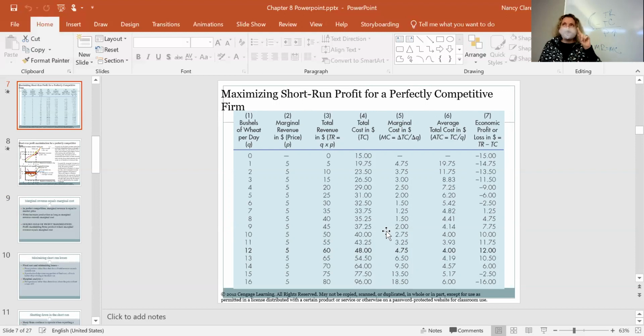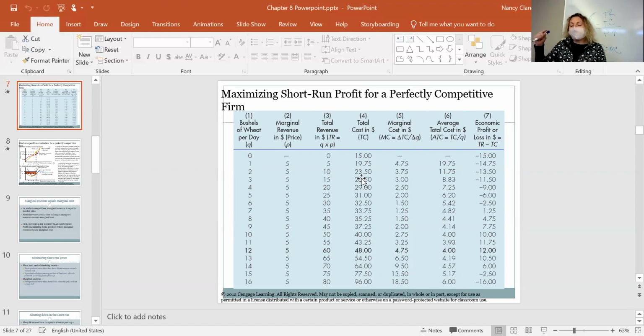But if you can imagine it on a graph, let's look at what happens when you increase to one more, above and beyond 12. You can see that the additional money you would be bringing in from unit number 13 is $5. The additional cost you would be spending to produce unit number 13 is $650, if you just read across.